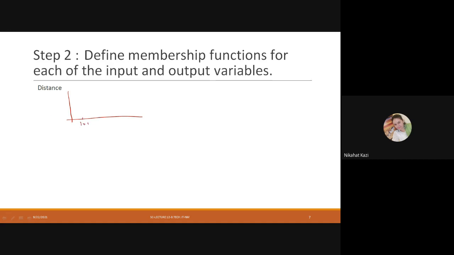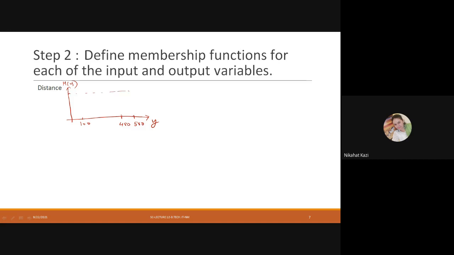So 100, 400, and 500. Next is this is y, right? Next variable y. This is mu of y.